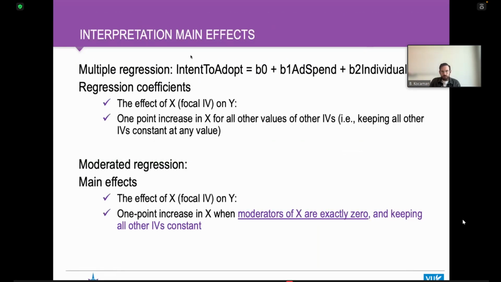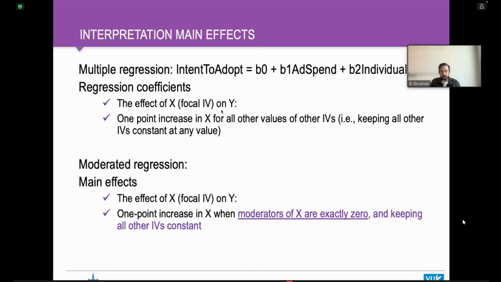Okay, so this is again a note on main effects. We have this multiple regression here, beta 0, beta 1 times ad spend, beta 2 times individualism. If we didn't have a moderation effect, then the regression coefficient means the effect of x on y.